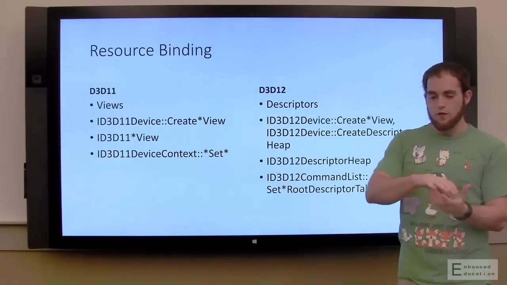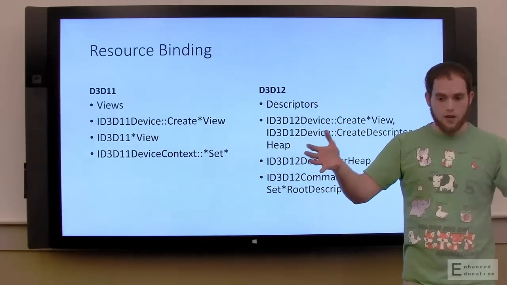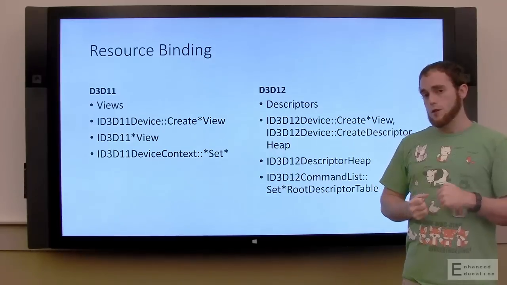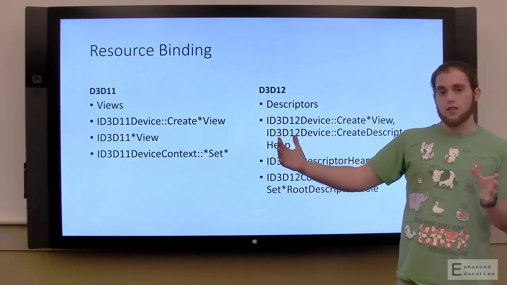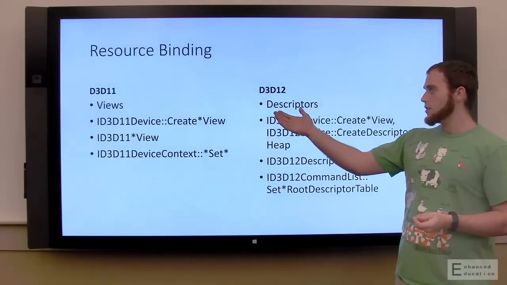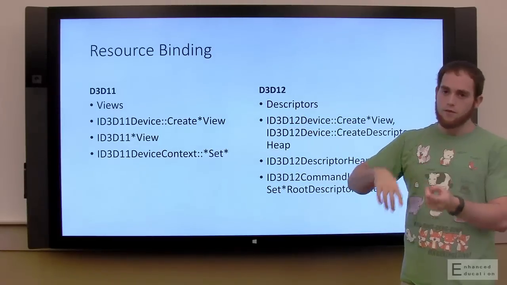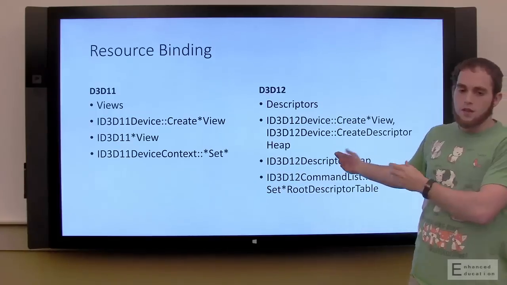In D3D11 you have a view object, it's ref counted, it's a full API object. In D3D12 a descriptor is just a small little chunk of memory that sits in a larger API object called a descriptor heap. In D3D11 you would call the create view methods, create render target view, create shader resource view. Those methods still exist in D3D12.